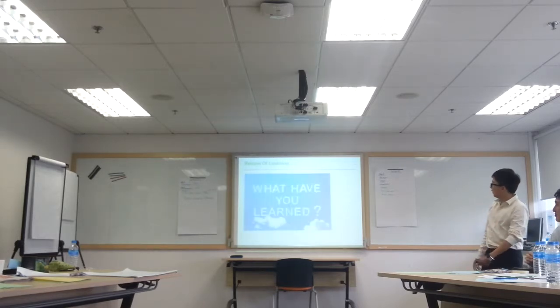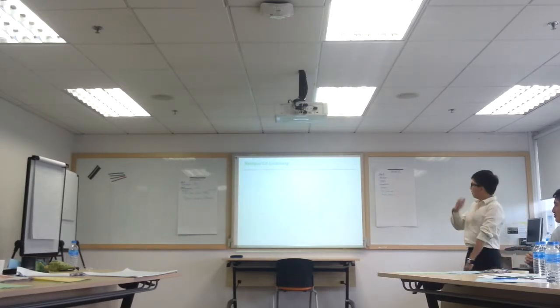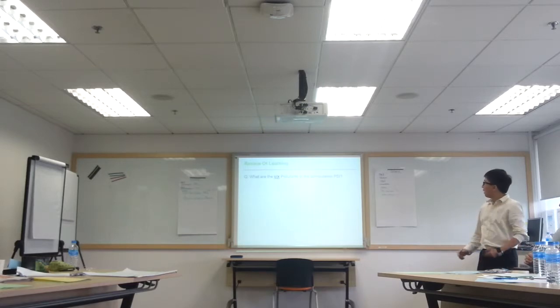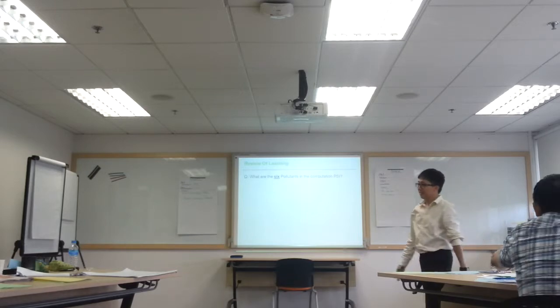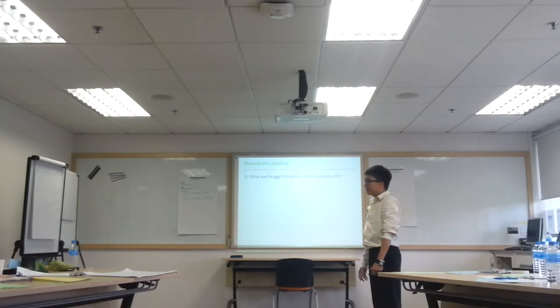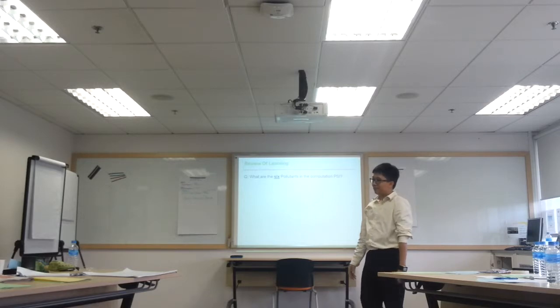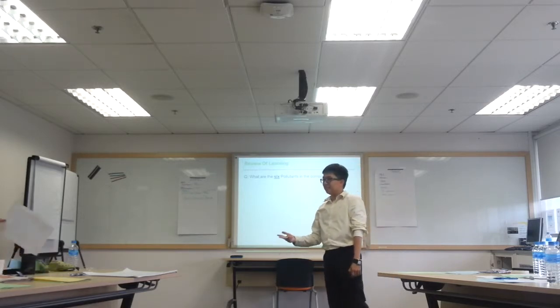What have you learned? These are the questions. What are the 6 pollutants in the combination of PSI? What are the 6 pollutants? PM10, PM2.5, SO2, NO2, CO, O3.